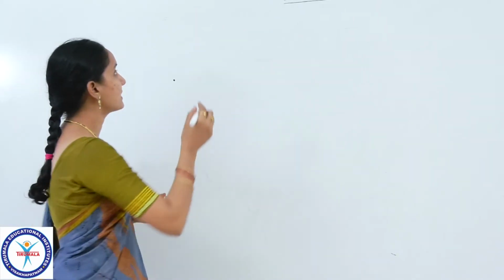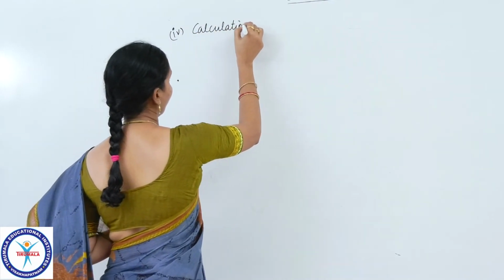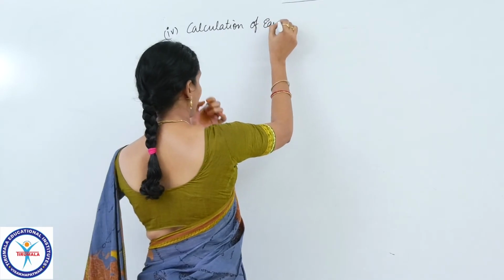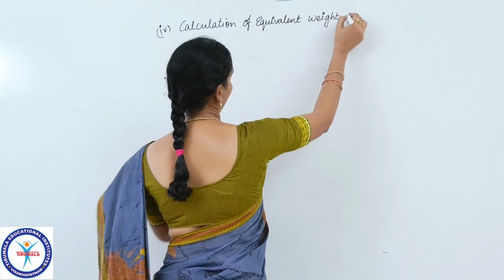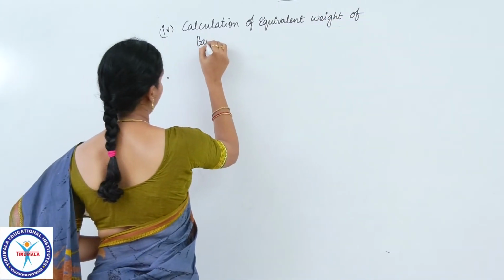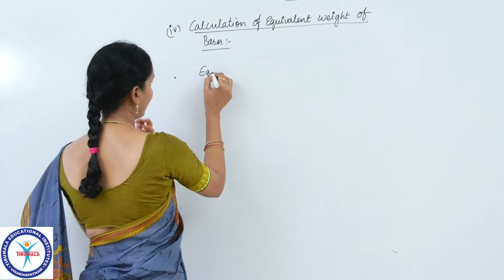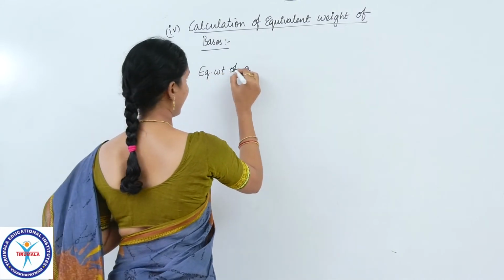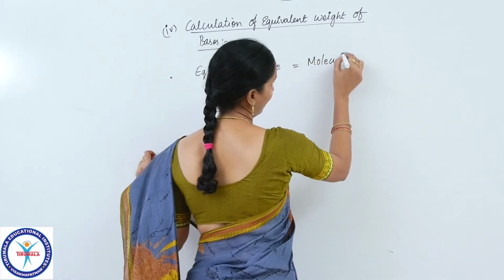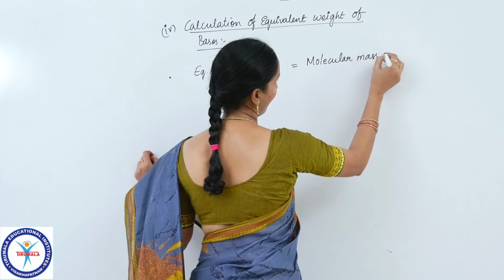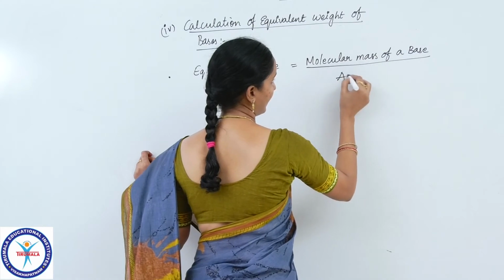The fourth category is calculation of equivalent weight of bases, children. So equivalent weight of a base is equal to molecular mass of a base divided by acidity.